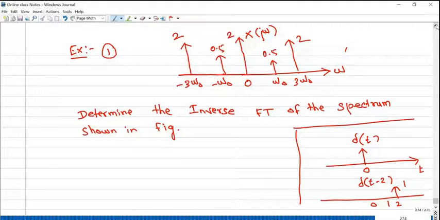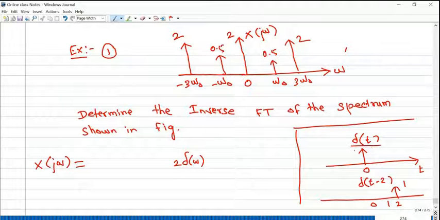The spectrum contains only impulse components, shifted versions of the impulse. First, write down the mathematical expression: X of j omega equals, at omega 0, magnitude 2. So how to write it? 2 del of omega. Here it is del of t, here it is del of omega; there magnitude 1, here magnitude 2.